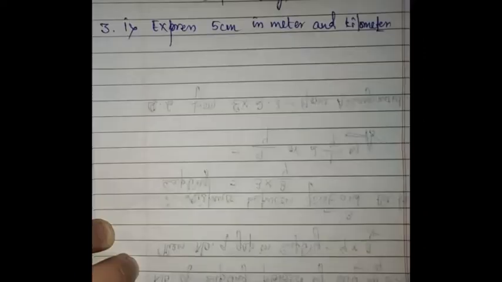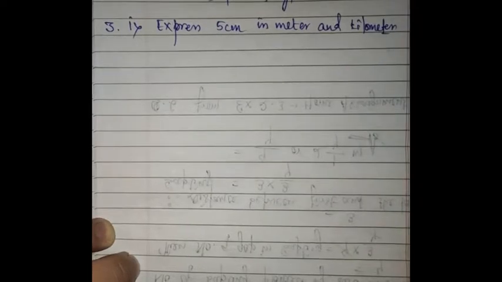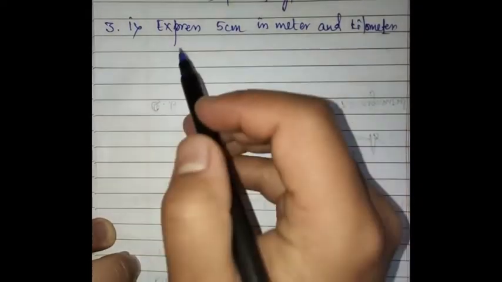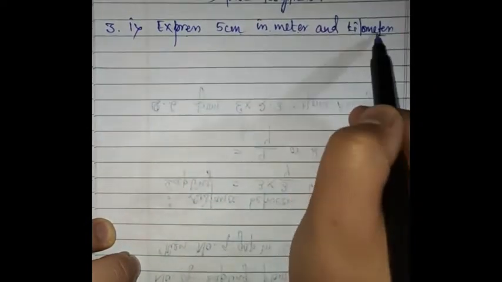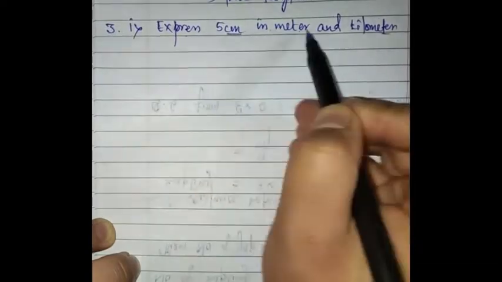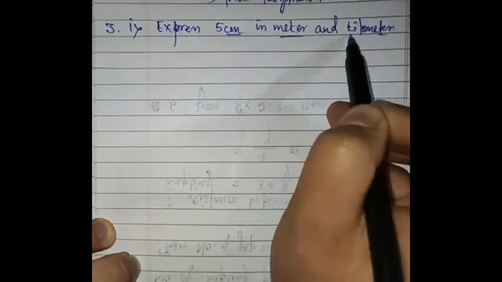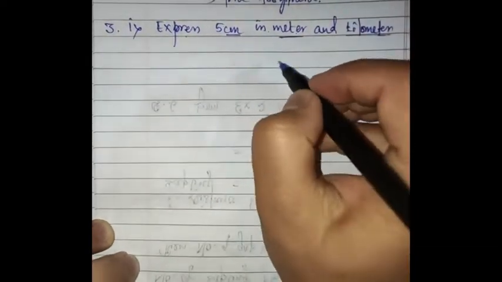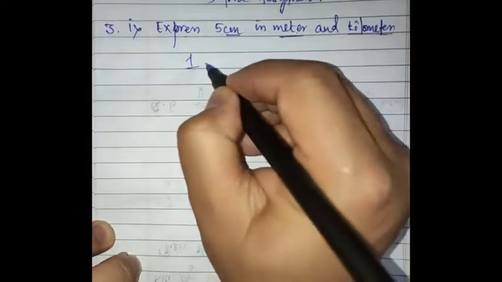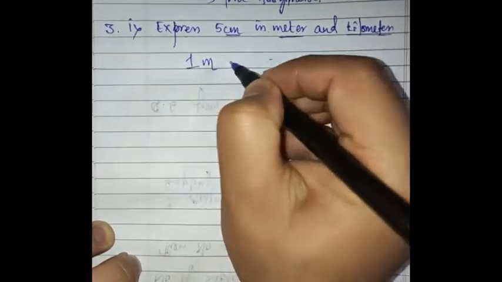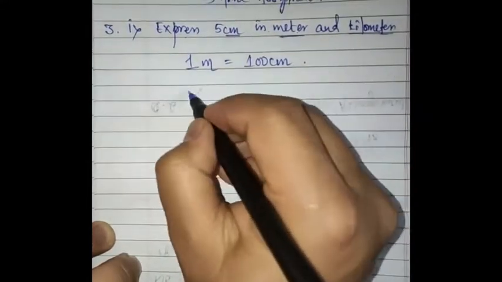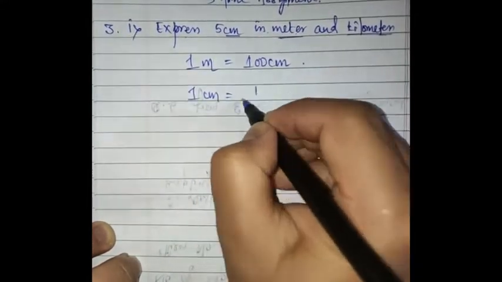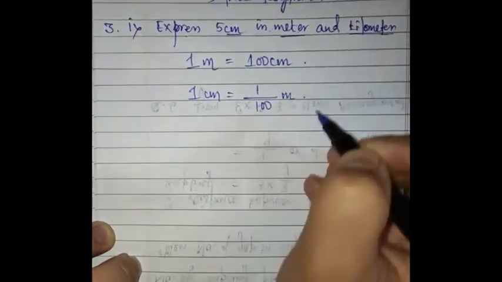All right. So here we have the third question from exercise 2.1. Number 1, express 5 centimeter in meter and kilometer. This centimeter, we have to convert into meter and kilometer. Let me remind you, 1 meter equals 100 centimeter. 1 centimeter is equal to 1 by 100 meter.